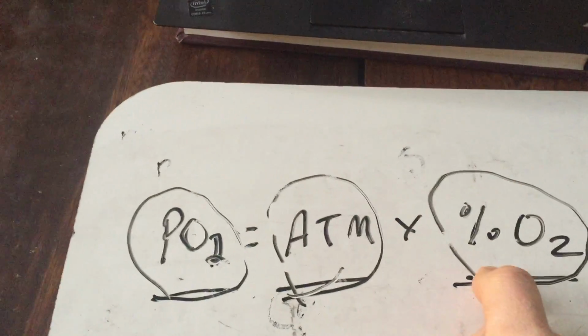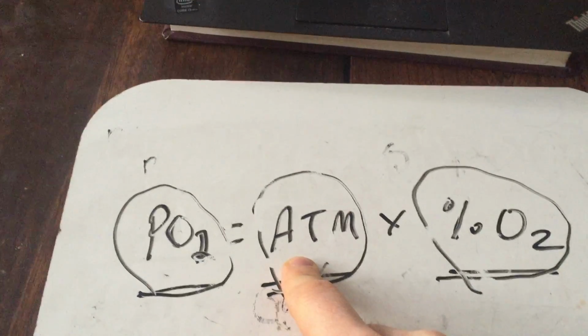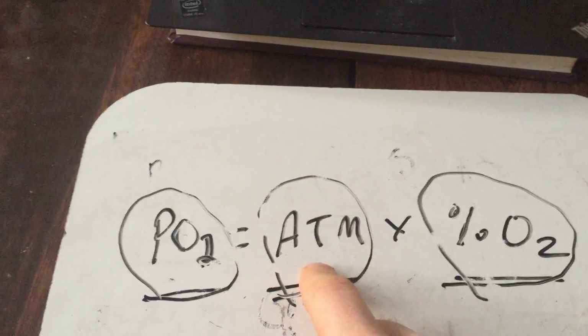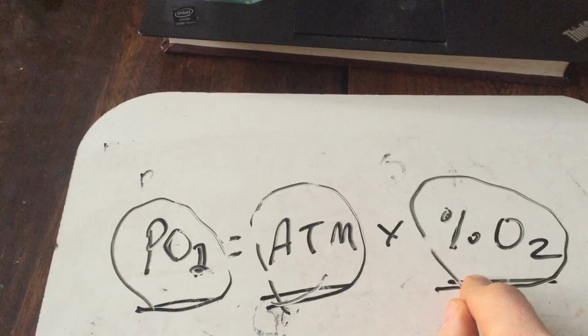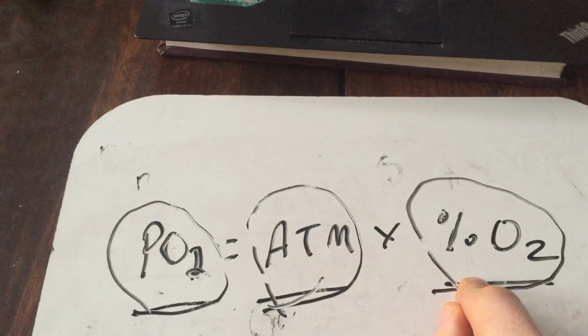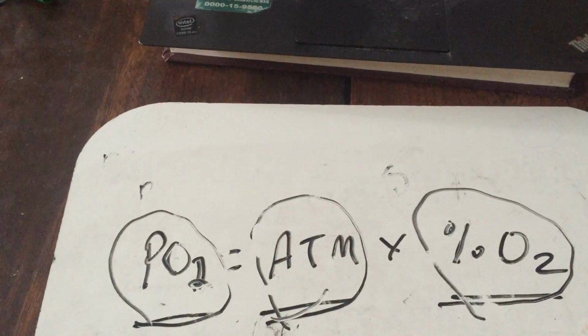So while this is decreasing, the PO2 would still be high when you're at depth. The high atmospheric pressure you get at depths can offset the decrease in percent oxygen in your lungs or your blood, and that will keep your PO2 constant for a while.